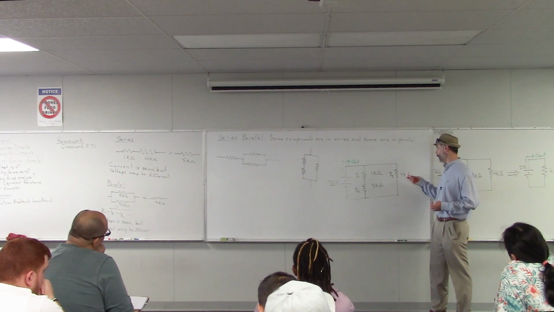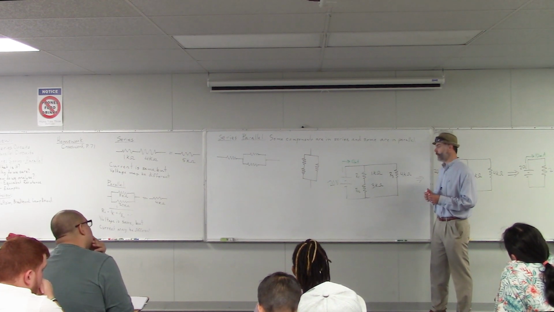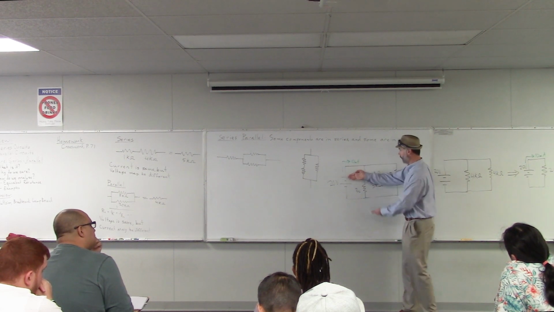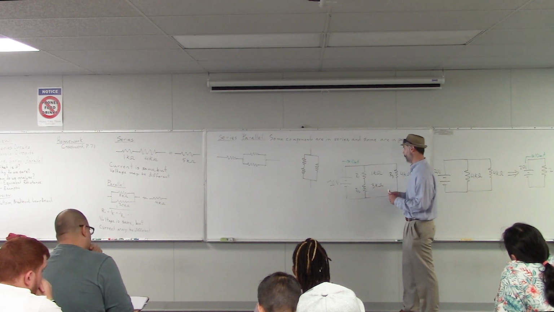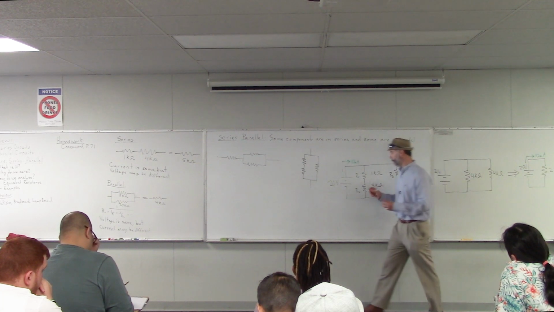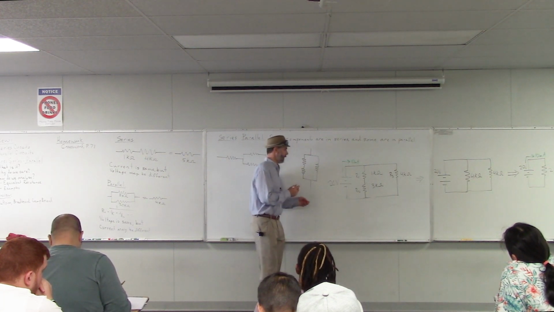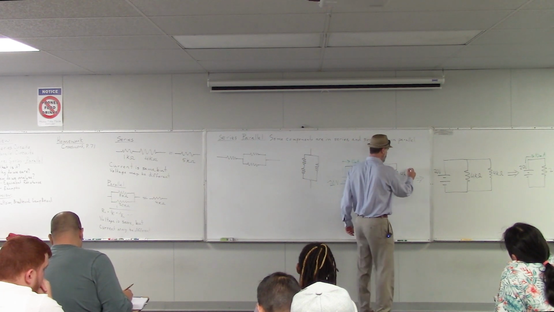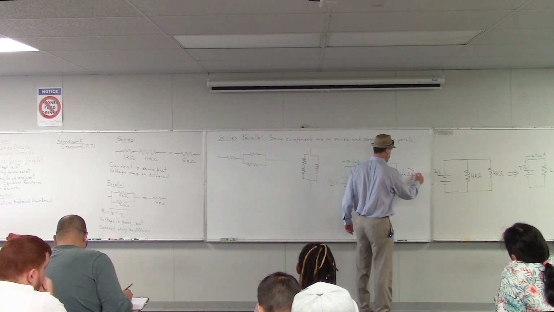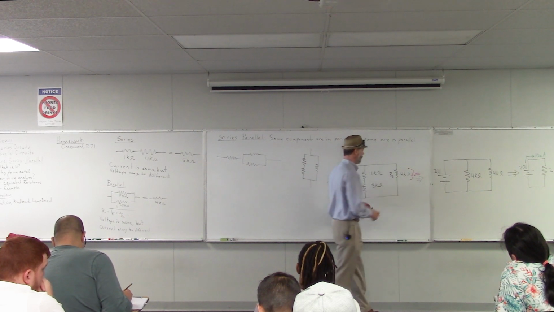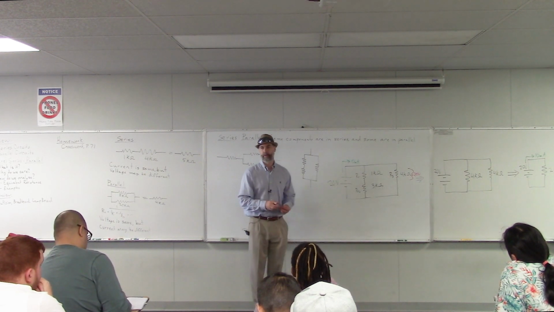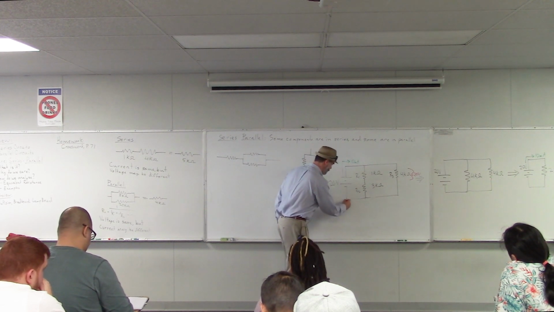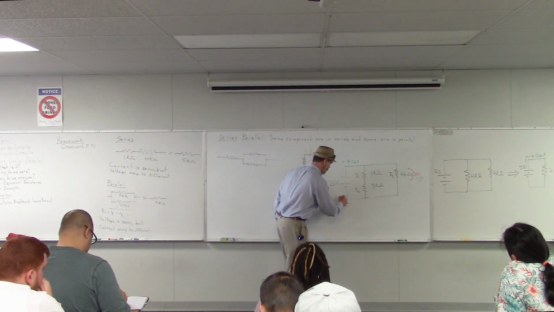Can we figure out the voltage across R3? Yeah, because R3 is connected with these wires to the power supply, and there's 20 volts across the power supply, so there must also be 20 volts across R3. Does that make sense? Remember, we could call this point ground, and that would be 0 volts.